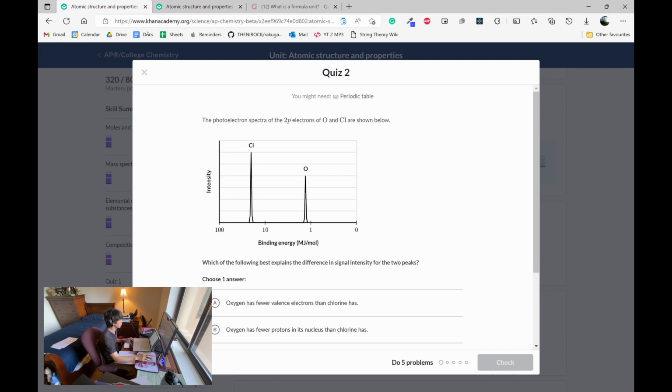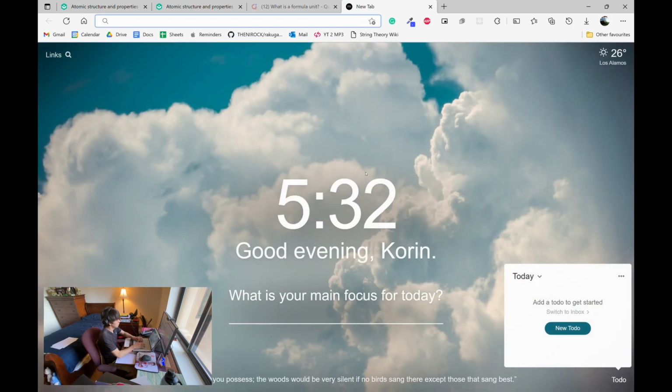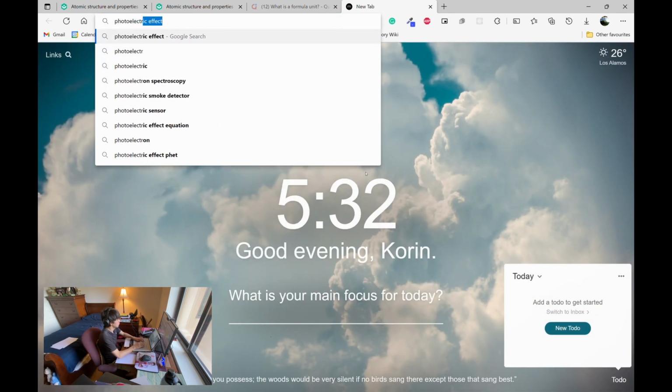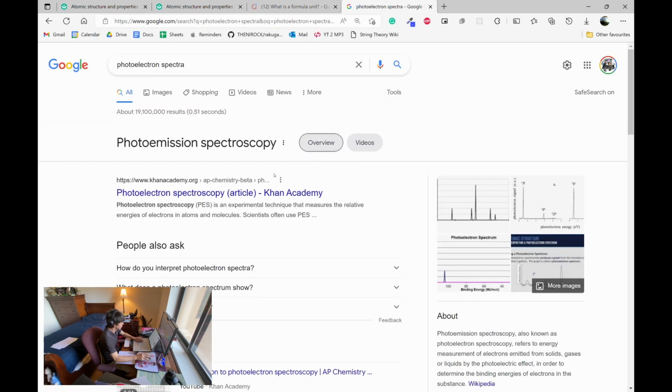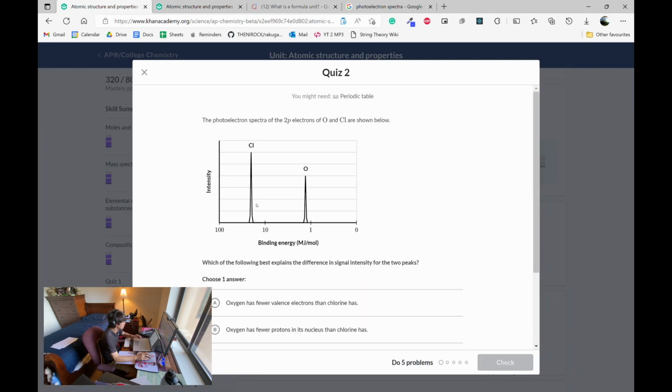Okay, so we need to know what photoelectron spectra is. Binding energy. Yeah, okay. Intensity.